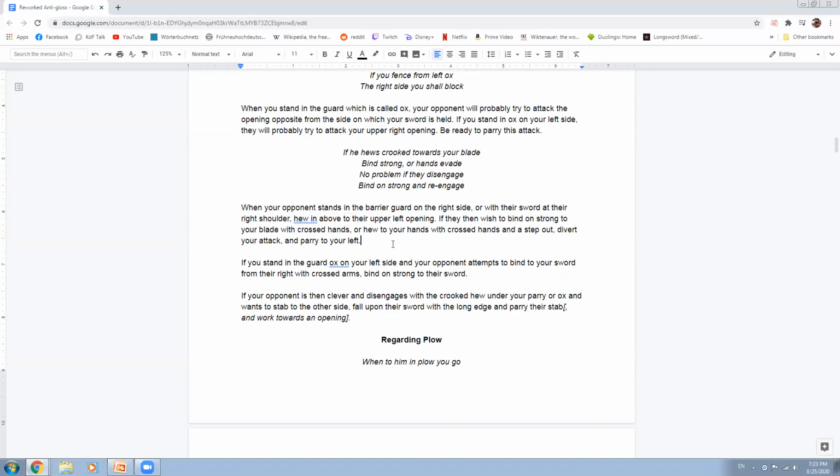Okay, so next we have the rest of the Krumphau. So now we see the opposite of the short hew. If they try to bind on your blade as you're cutting in, then divert your attack and parry to the left. And same with when you're in Ox. If they try to bind on hard, then brace and push against it and prepare for a strong bind.